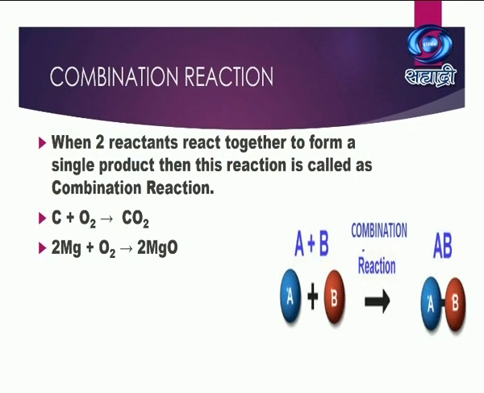This reaction you must have tried at least once in the laboratory in the previous years also. One more reaction is CaO plus H2O. It gives Ca(OH)2 plus heat is released in this. As the product is only one, that is calcium hydroxide, this also comes under the category of combination reaction.